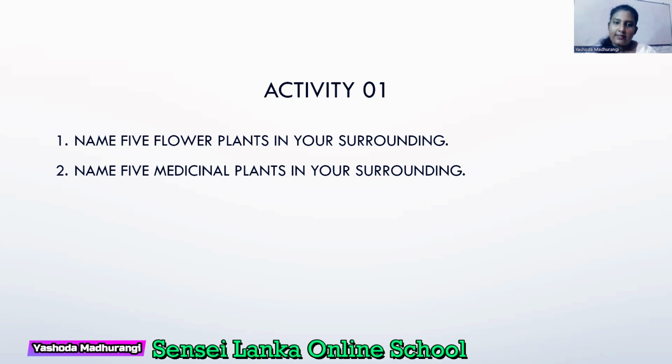This is also like that activity for you. There are two questions. Look at number 1. Look at the questions here. Name 5 flower plants in your surrounding. Flower plants. What are the flower plants?